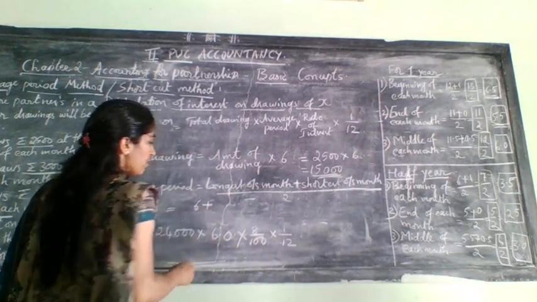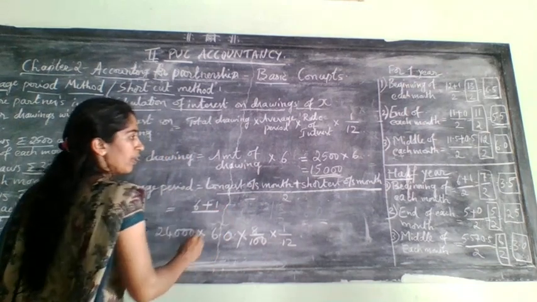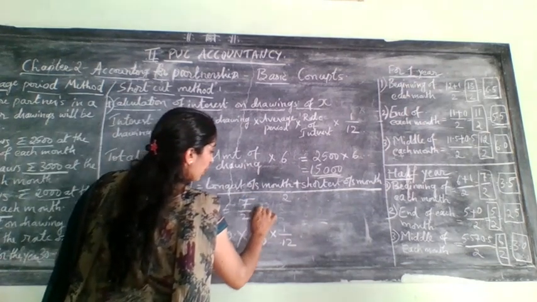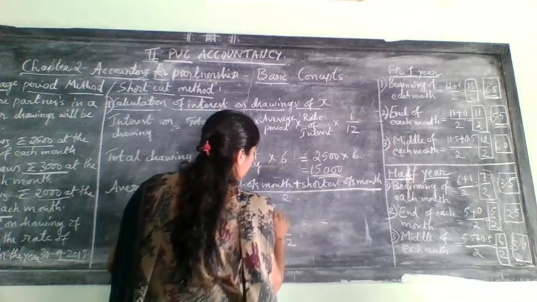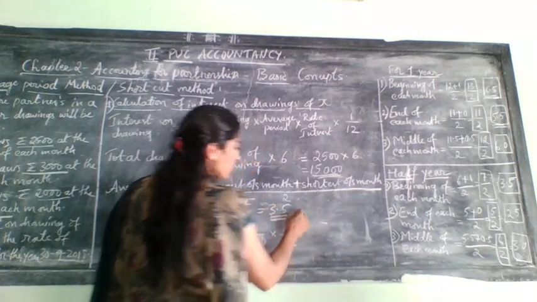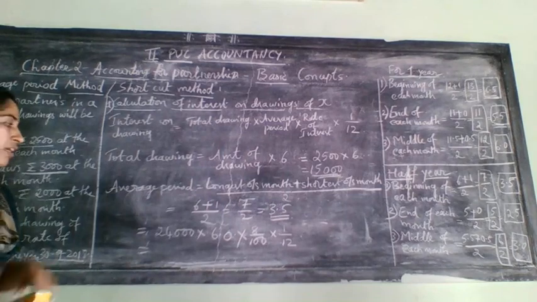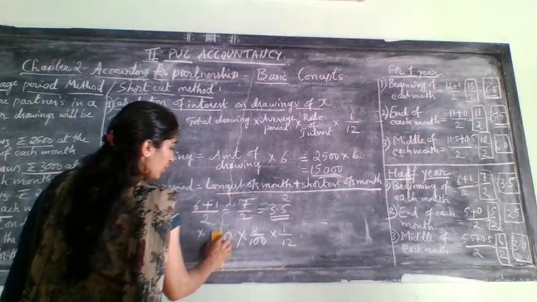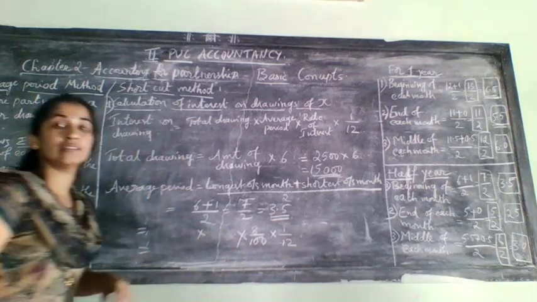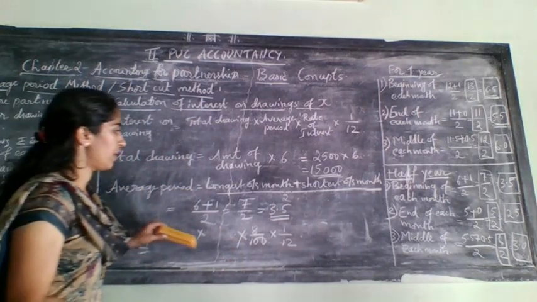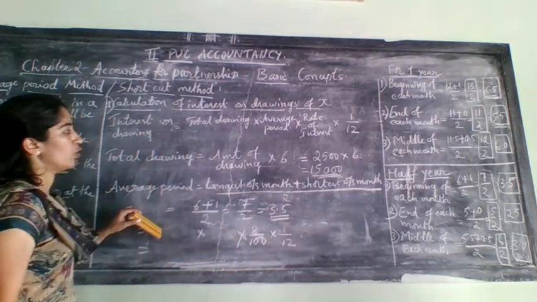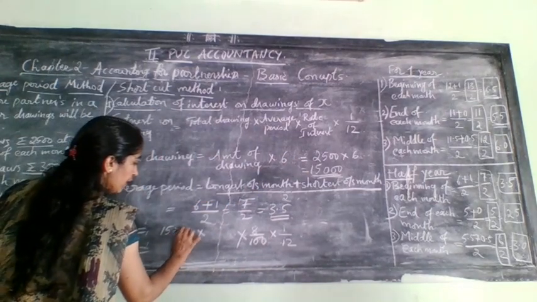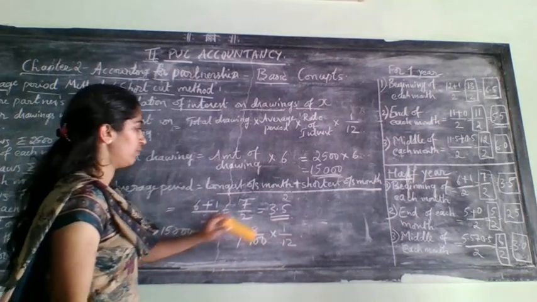So, longest will be 6, shortest will be 1. It will be divided by 2, it will come 7 by 2, and it is 3.5. Now, formula, apply the values now. What is the value? Here, total drawing is how much? 15,000. Okay, 15,000 into how much?